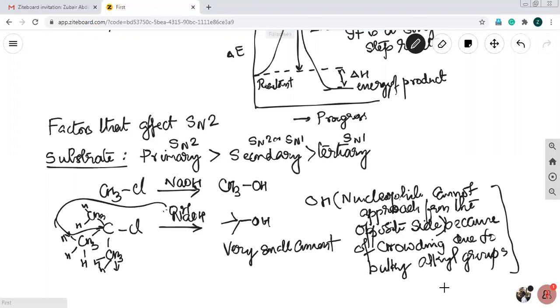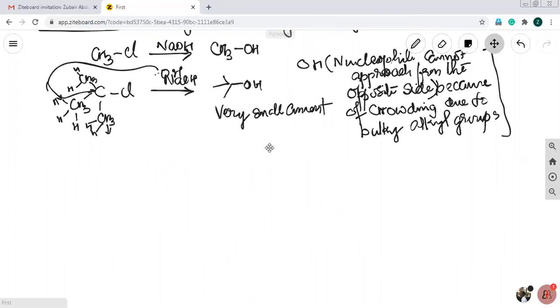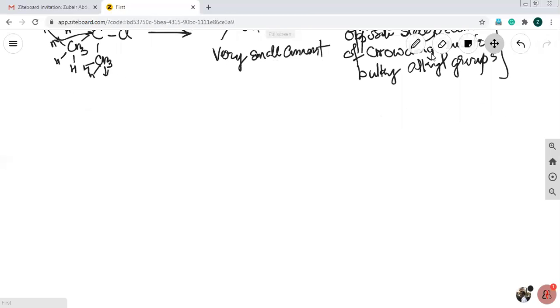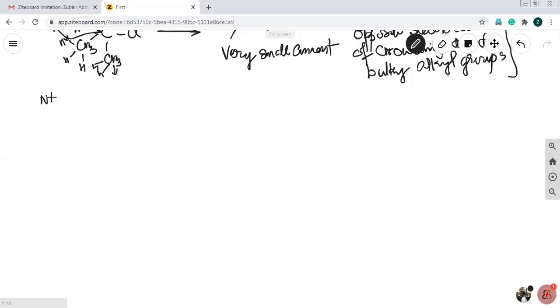Number two, the nature of nucleophile. How does the nature of nucleophile matter? Remember, we have classified the nucleophiles into different types. You have strong nucleophiles.